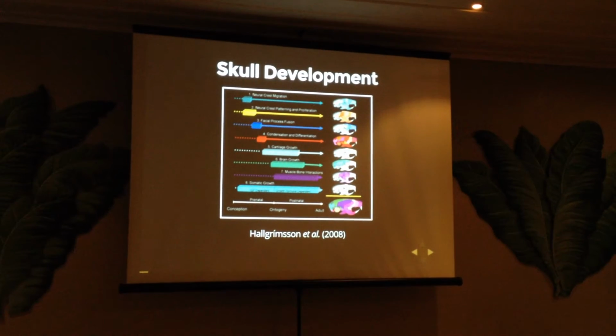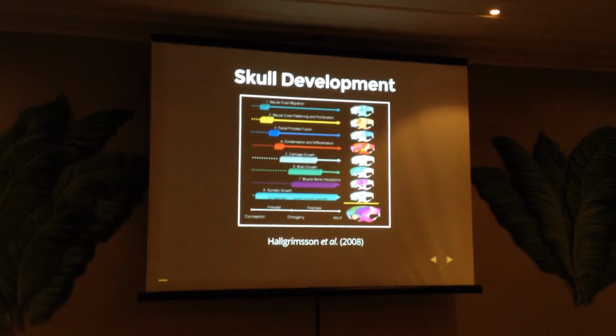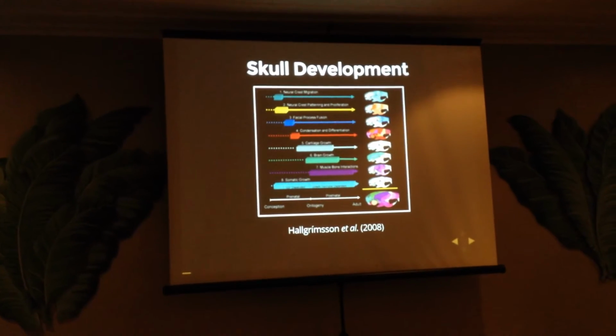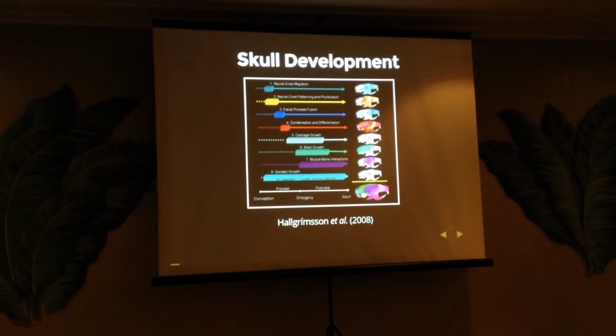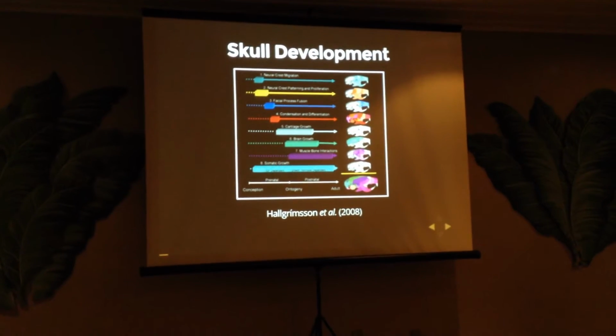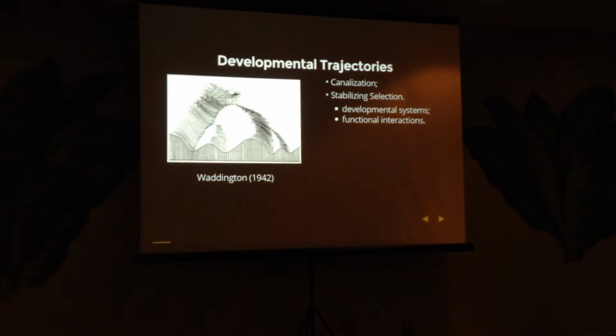The variation in timing, rate, scope, and rhythm of these processes structures covariance patterns. And of course, all these developmental processes are under genetic control. Makes sense?